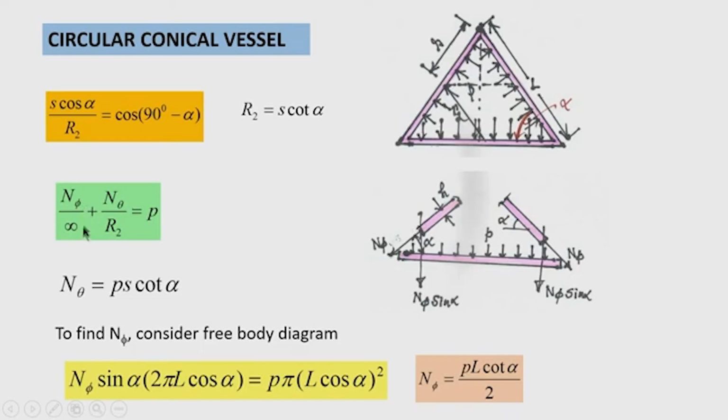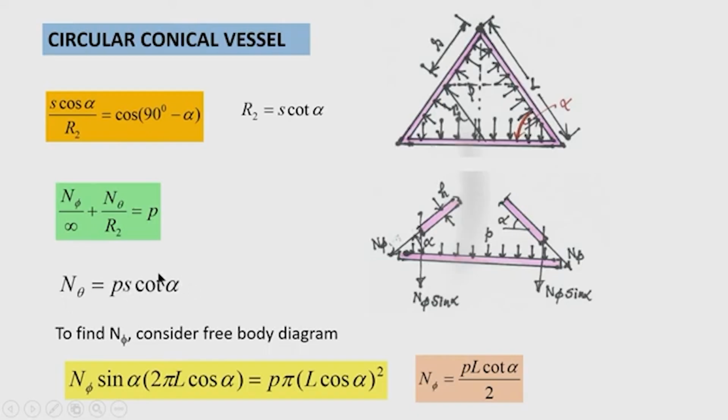So, n phi by infinity plus n theta by R 2 equal to p. p is the internal pressure, and the first term goes to 0. Therefore, the circumferential stress, or hoop stress, n theta is equal to p into R 2, and R 2 is s cot alpha. So, we get the circumferential stress as n theta equal to p s cot alpha.